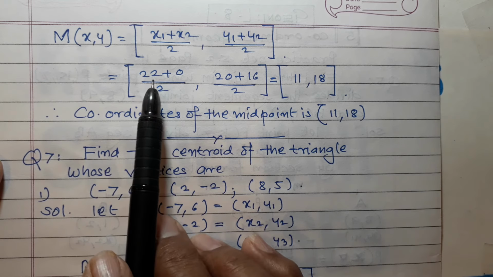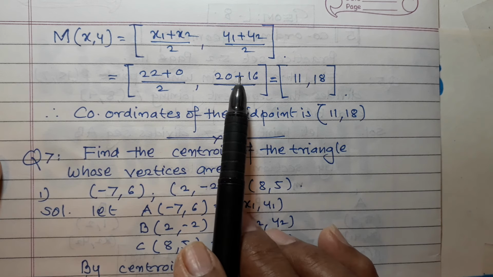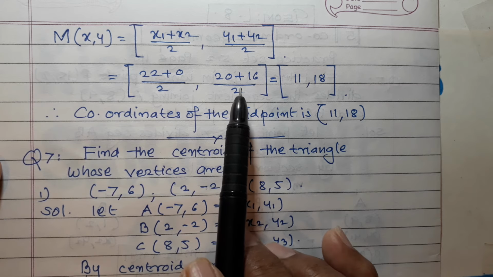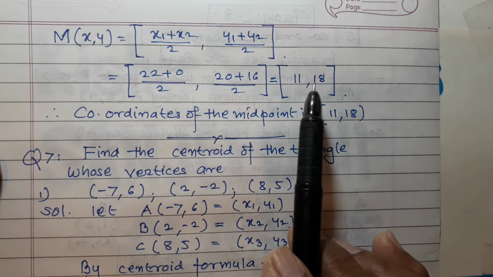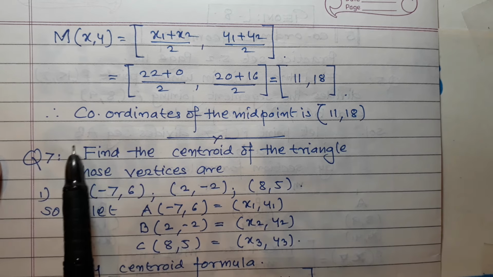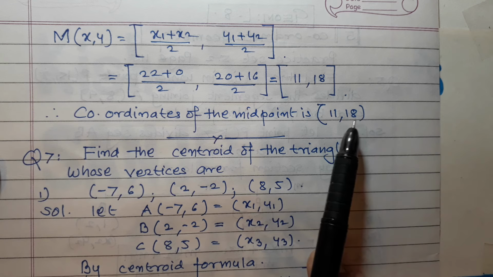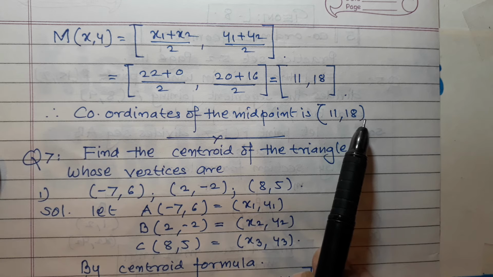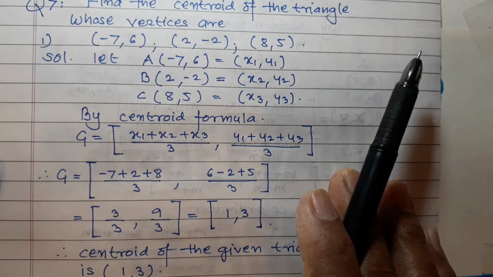So (22 plus 0) upon 2 and (20 plus 16) upon 2 is equal to (11, 18), and therefore the coordinates of the midpoint are (11, 18). Okay, then one more question I'll explain to you.